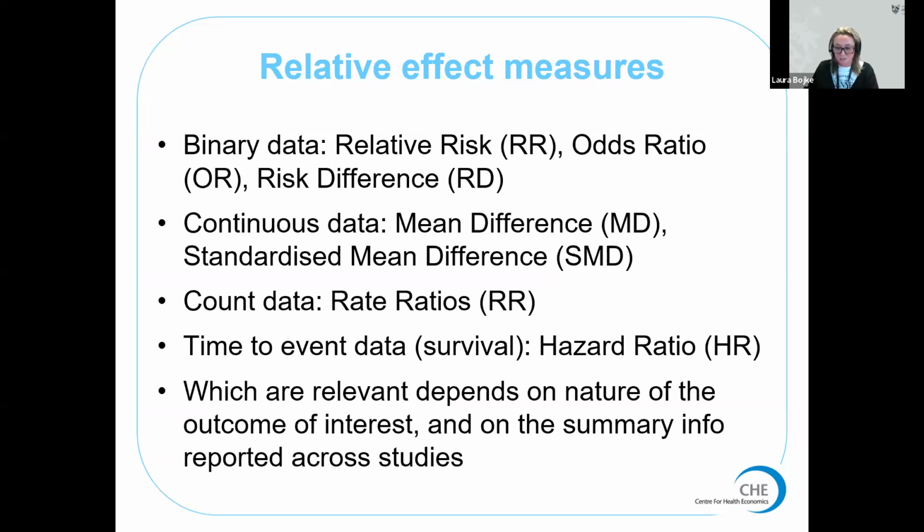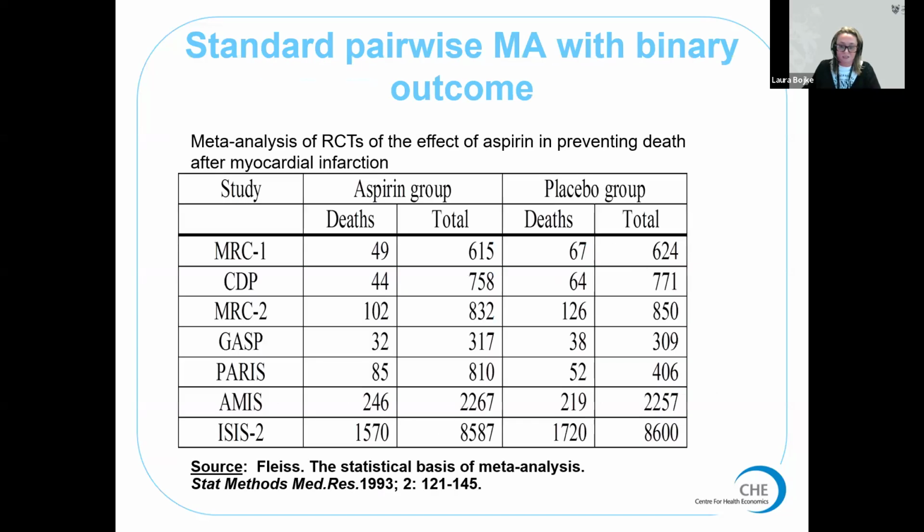The hazard ratio is a measure that's often used in survival analysis. You'll see that, and it's the rate at which an event occurs. So again, that could be related to survival data. It's the rate at which individuals within a particular group would be dying over time. And a ratio can be calculated by comparing those two groups. So those are the typical types of measures that we might see in meta-analysis.